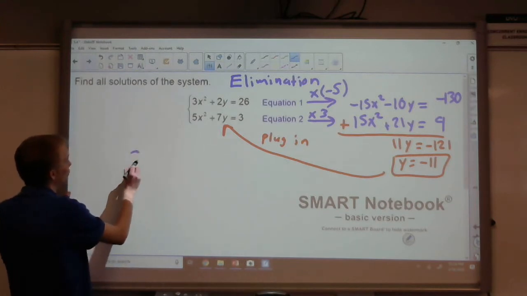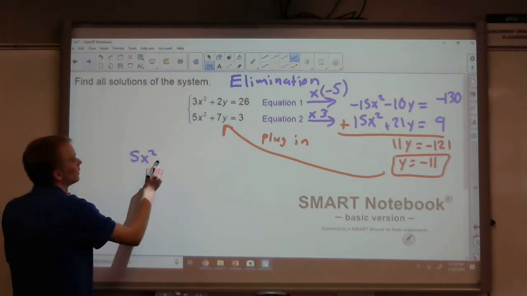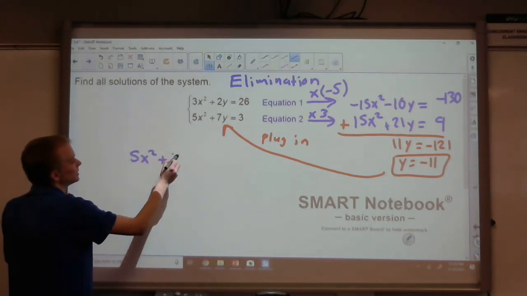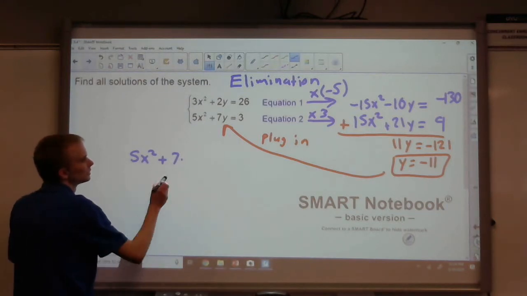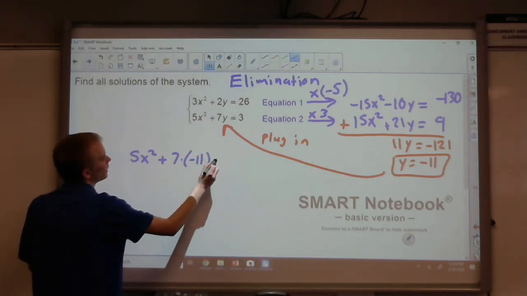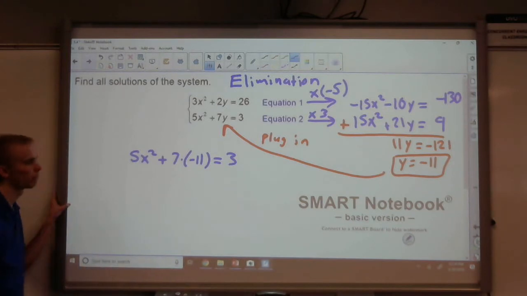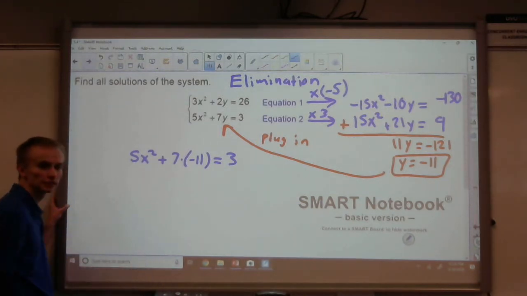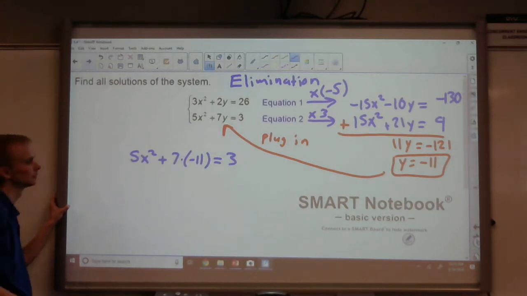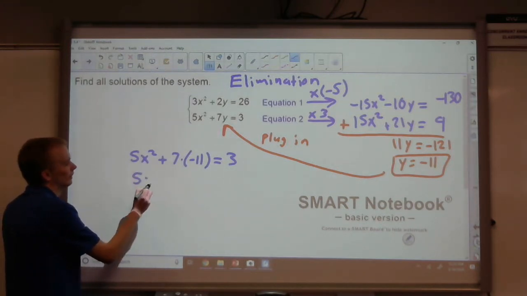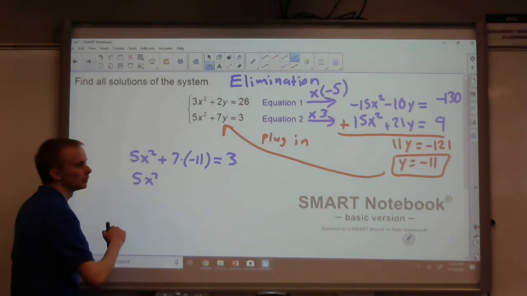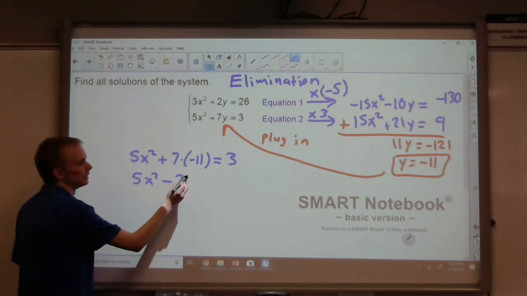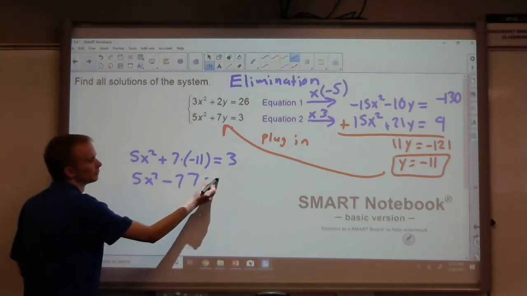So I get 5x squared plus 7 times negative 11, this is 3. Okay? So now I just solved this equation for x. So I get 5x squared, 7 times negative 11 is negative 77.